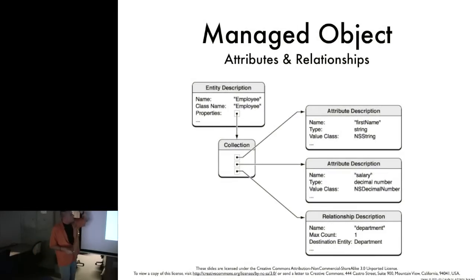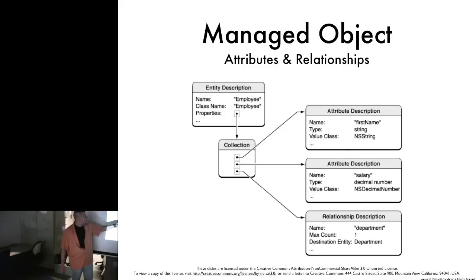So let's take a look at what a managed object looks like. This is our entity here, and our entity is an employee. It has a name associated with it. It has a class associated with it. This is typically the class that you want to have managed by Core Data. And then it has some properties. The properties are a collection.